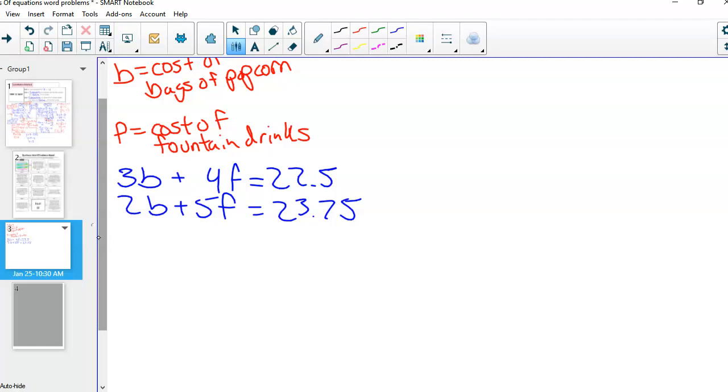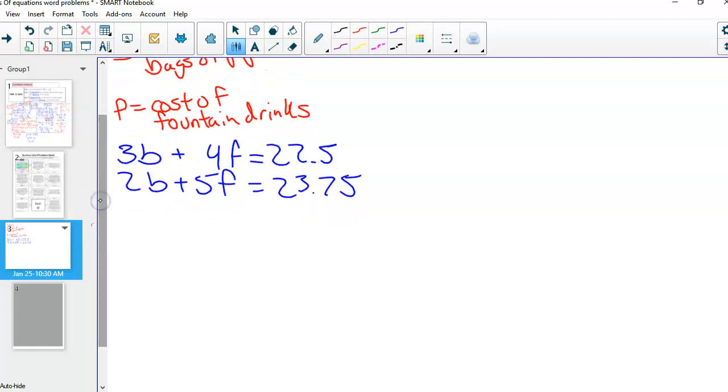So we need to solve for b or f in one of these two. Since we need to eventually find the cost of the fountain drinks, we're going to solve for b first, and it will help us find f. Does not matter which one. These don't have anything isolated, so it's a little bit harder, but it's going to work out the same way. So let's do this one.